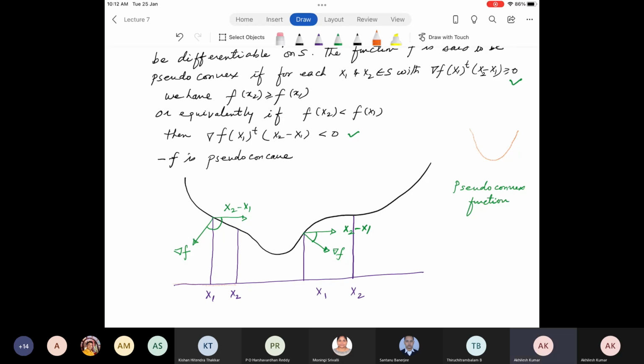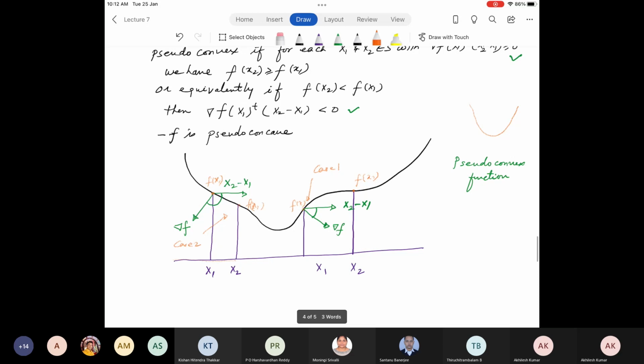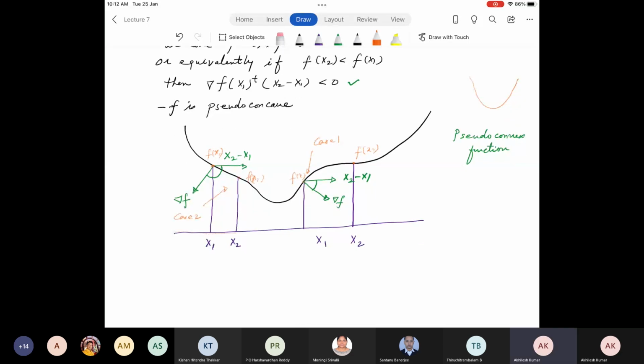So this one is case 2, otherwise this one is case 1, because f(x2) is greater than f(x1). So the first statement is true. Here f(x2) is less than f(x1), so the second statement. It makes sense.